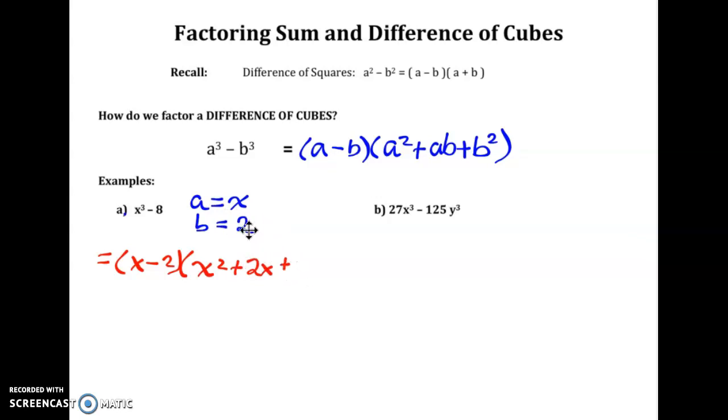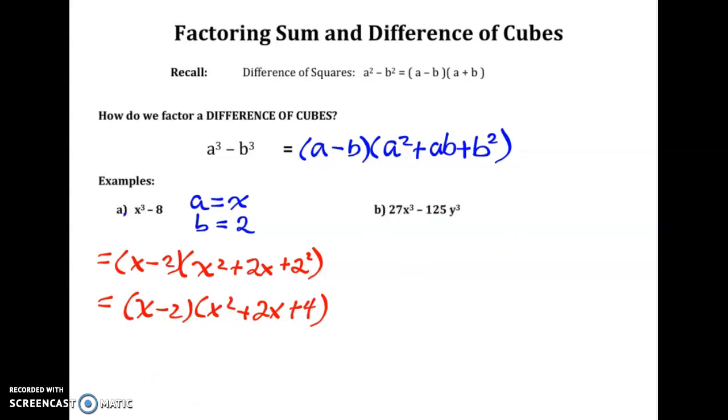And b squared is, of course, 2 squared, which you can write out as 2 squared, or if you want, you could just automatically skip to the simplified answer and write that out as a 4. And there is our difference of cubes factored.